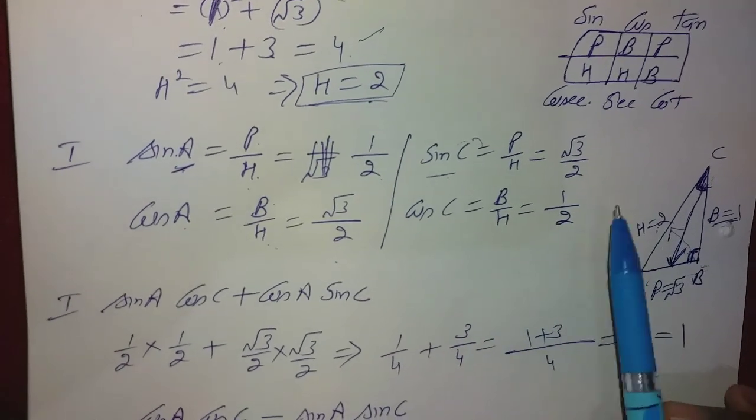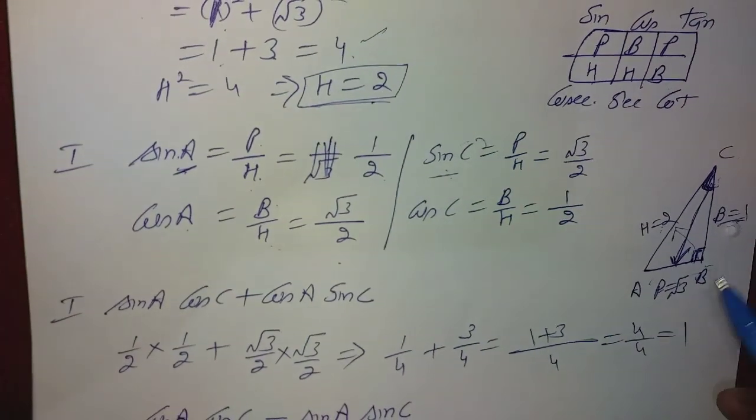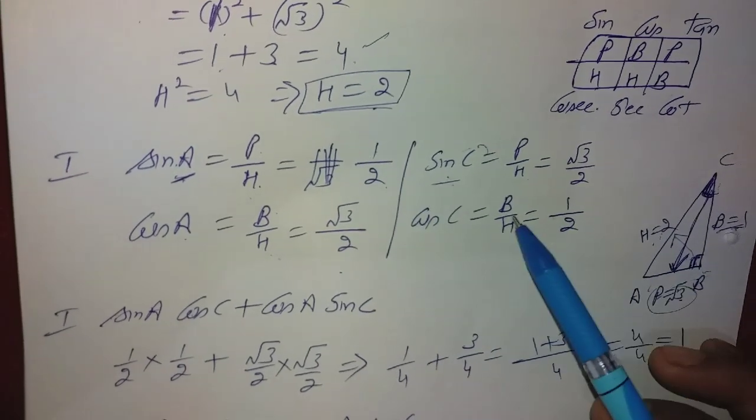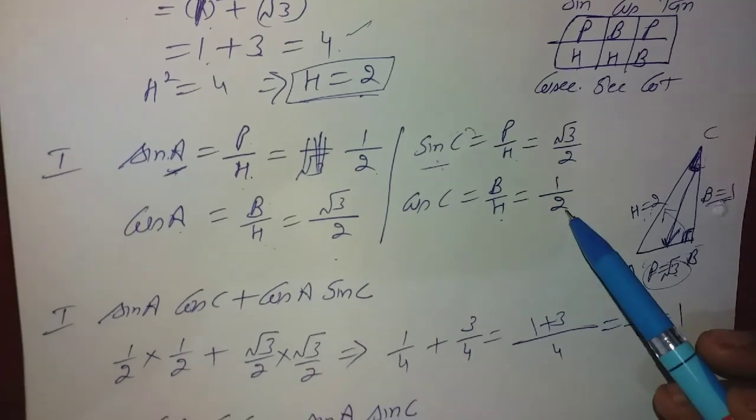You very well know. So sine C is p by h, value of p is root 3 and the value of h is 2, and cos C is b by h, value of b is 1, h is 2.